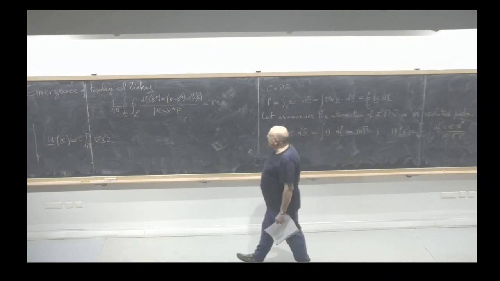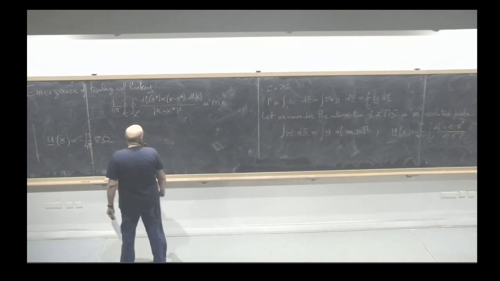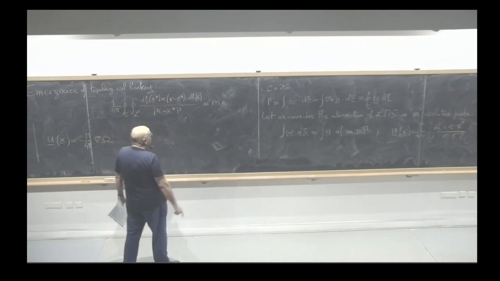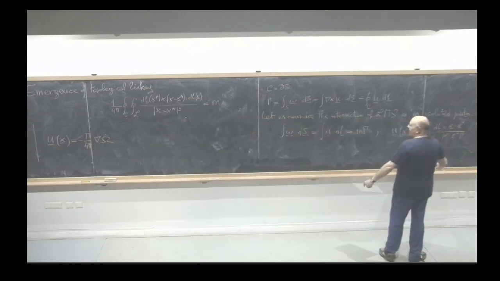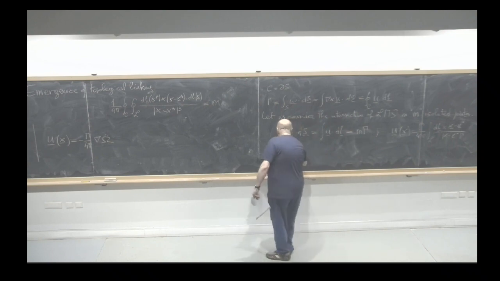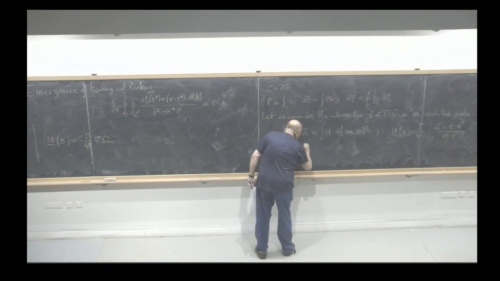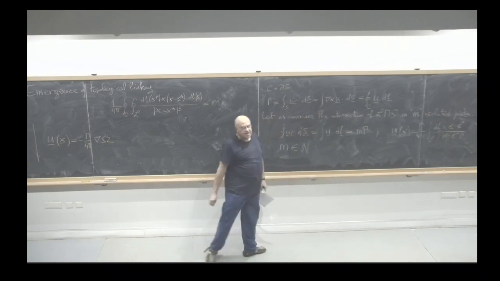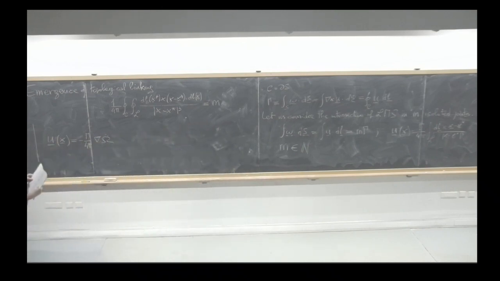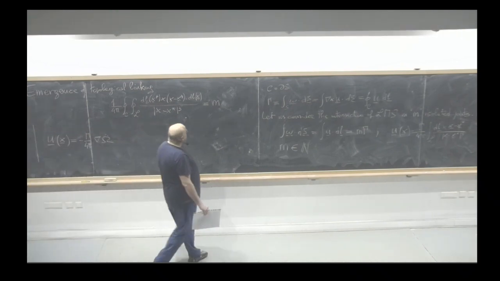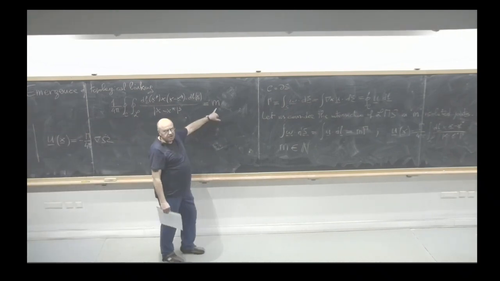And this M, well, I didn't say it, but I meant to say that M takes values in N, so it's a natural number. It's the number of times that we have this L intersecting S. So this is an integer, a pure number.